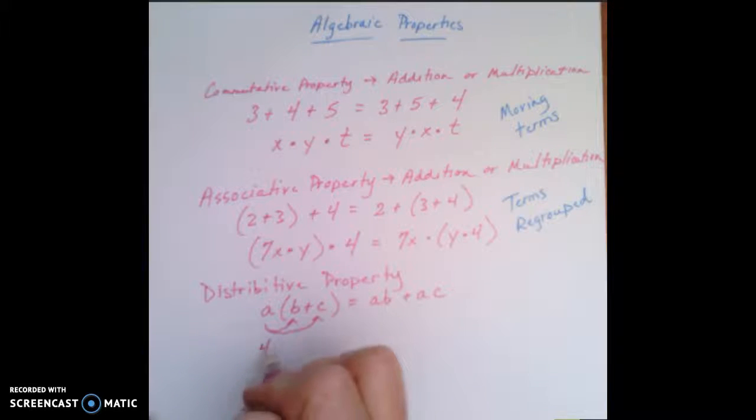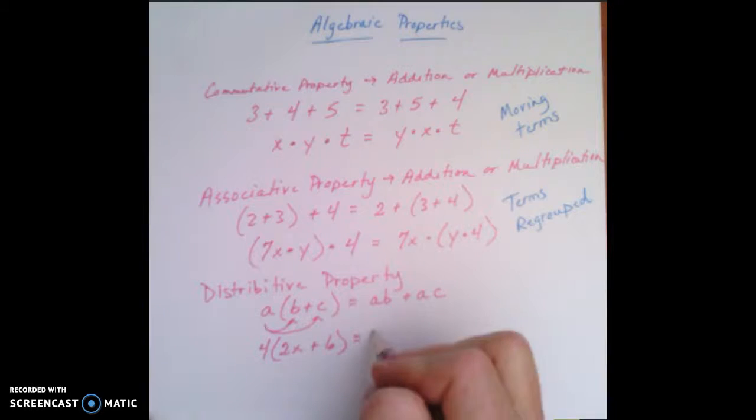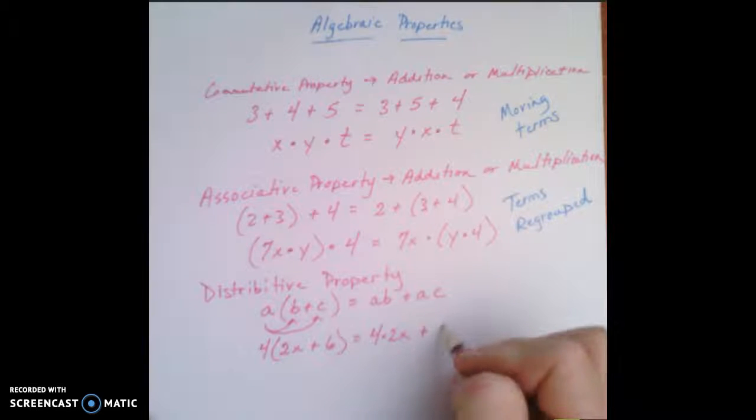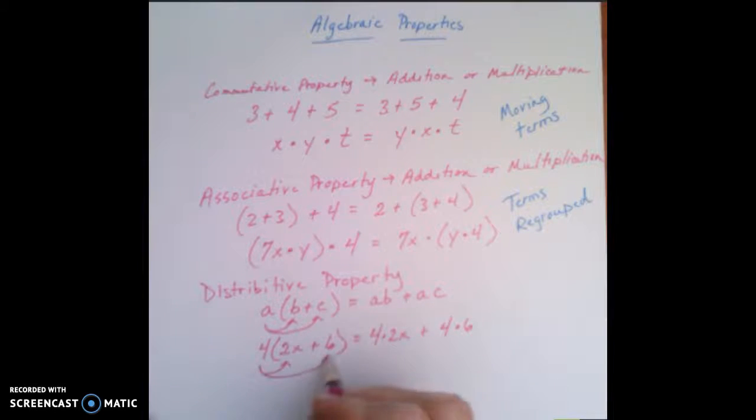We would have 4 times 2x plus 6. So we multiply 4 times 2x plus 4 times 6. So I multiplied 4 times 2x and 4 times 6.